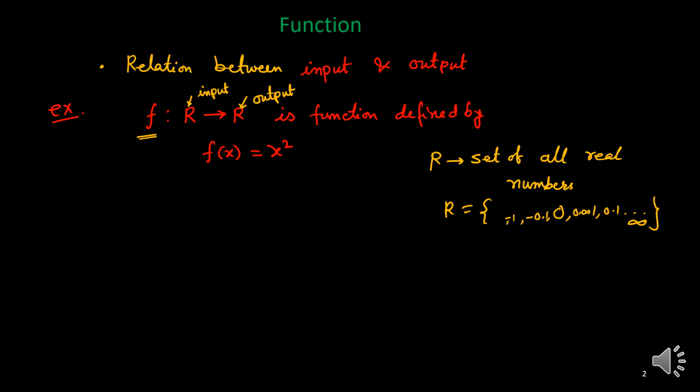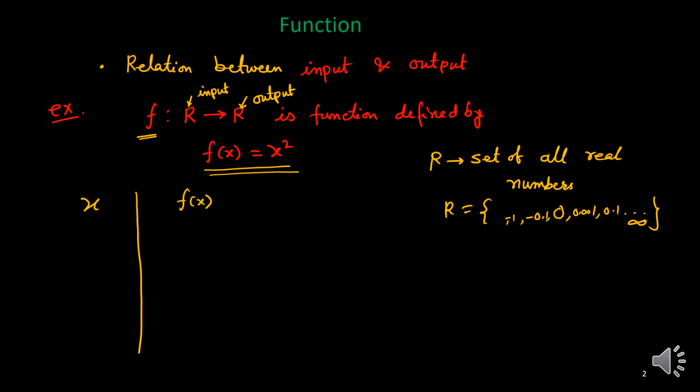And how is it going to produce it? That is defined by this: f of x equals x square in this example. So here x can take anything and f of x will produce some value. I'll consider a few examples for that.